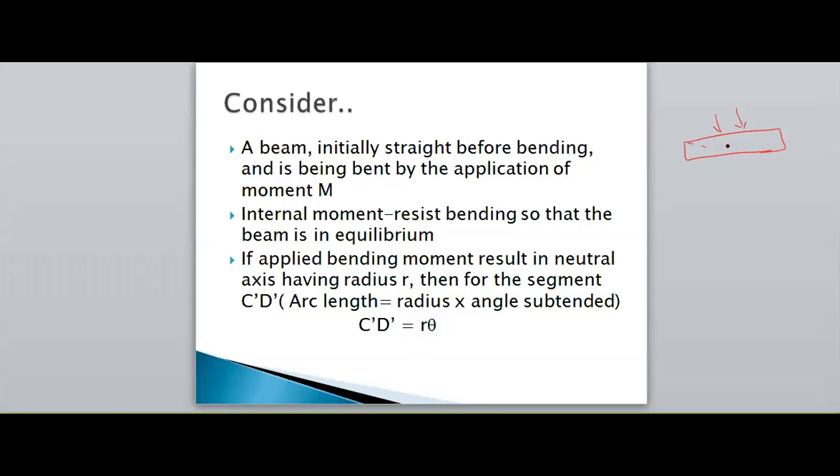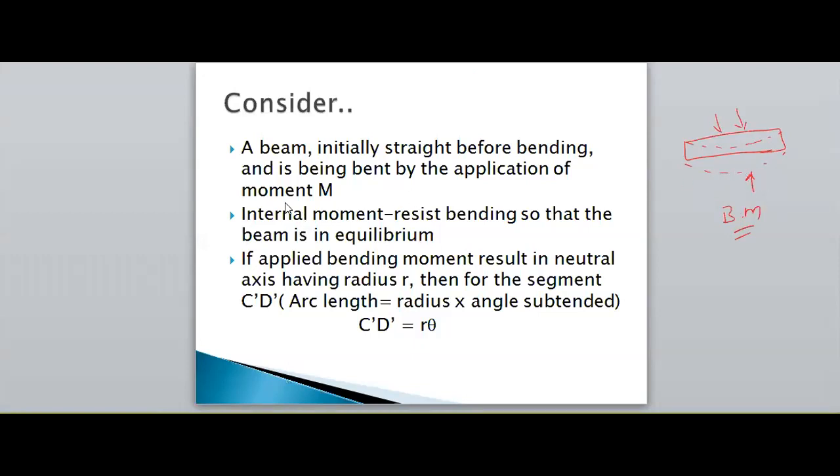Due to this load, bending of the beam occurs, a bending moment will occur in the beam. So the beam should not bend, which means a resisting force needs to be applied to unbend the beam.